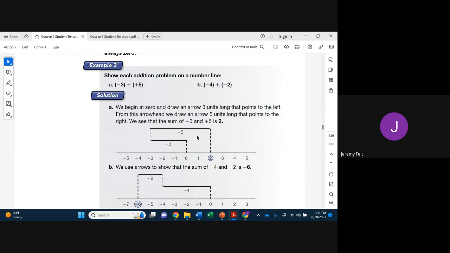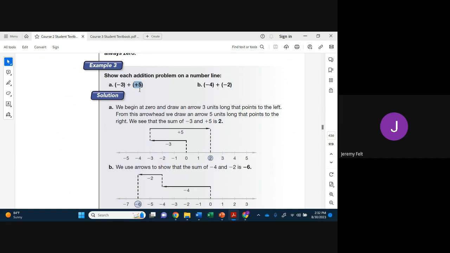Okay, then we can use that to, again, I don't love drawing out the number line, but if it helps you right now, then please do it. So -3, we're right here at -3, and then plus +5. Again, I don't love that they use parentheses for all of these and say plus 5. I would just rather it say -3 plus 5.